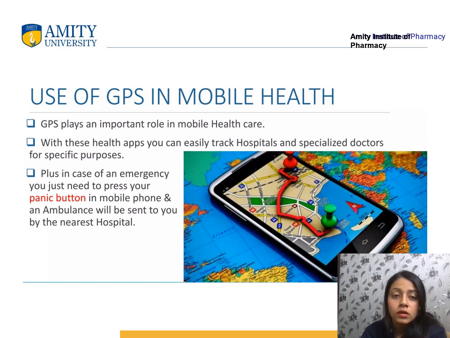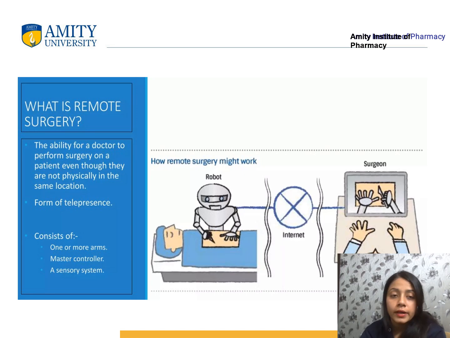So the use of GPS in mobile health. This is very important in mobile health because it can track you, and you can easily track a hospital and specialized doctor for a specific purpose. And if you need, you press your panic button in your mobile phone, and an ambulance will be sent to you by the nearest hospital. And so what is remote surgery?